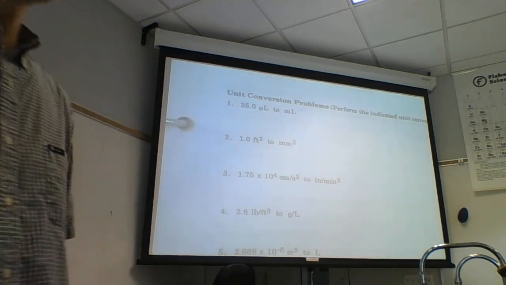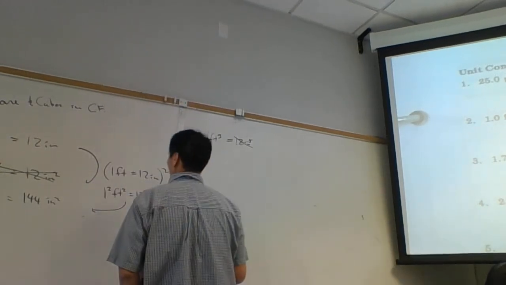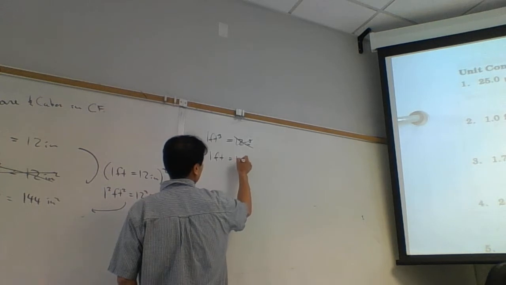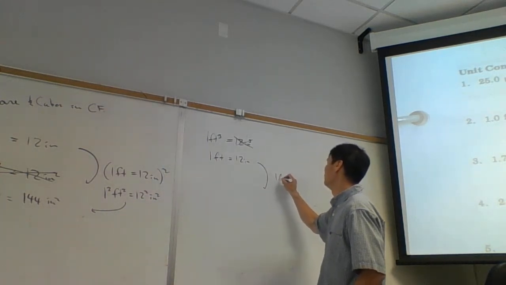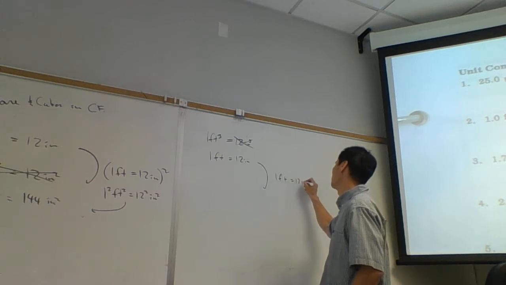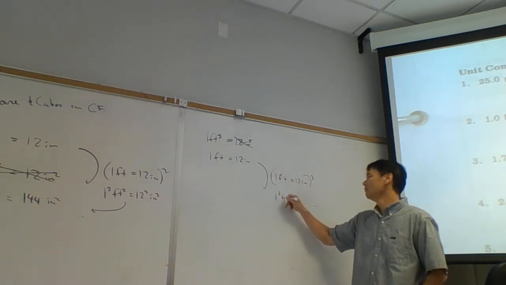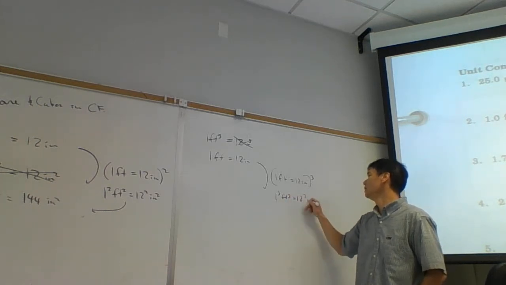How many? Well, what I have to do is this. I know the linear one: 1 foot equals 12 inches. And then I'm going to cube the whole thing. So I'll get 1 cubed feet cubed is equal to 12 cubed inches cubed.